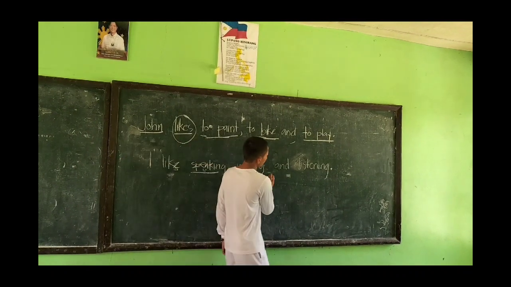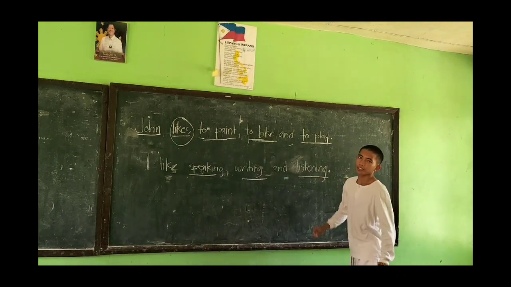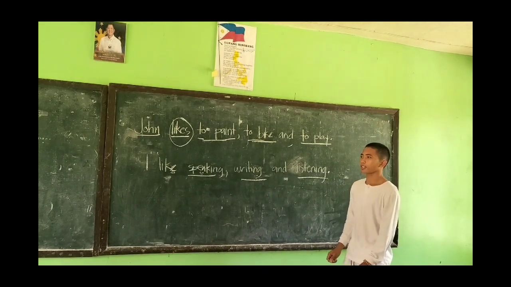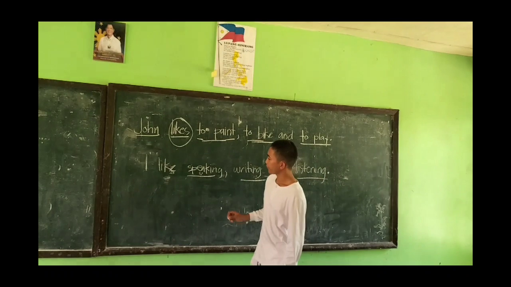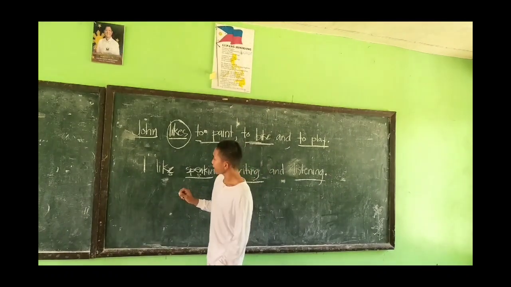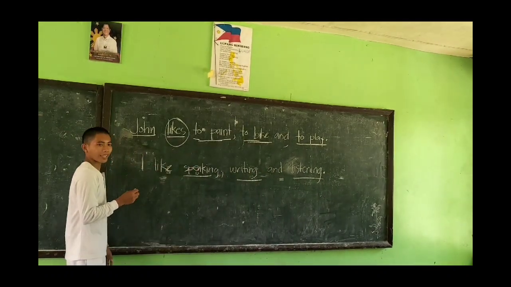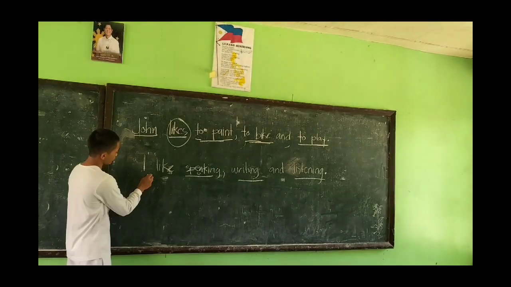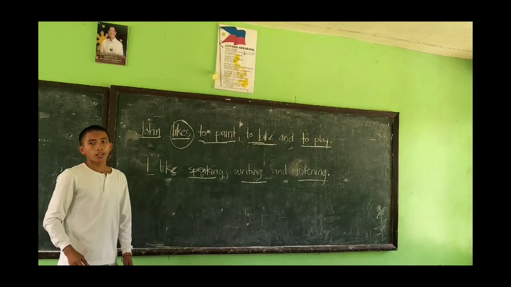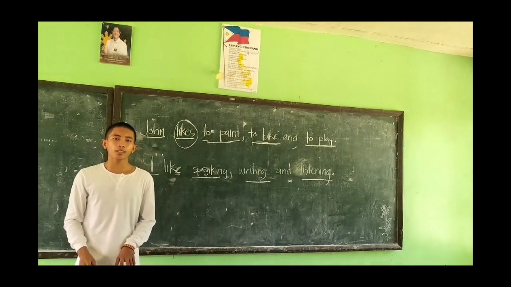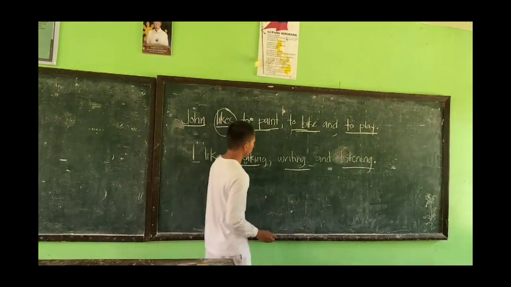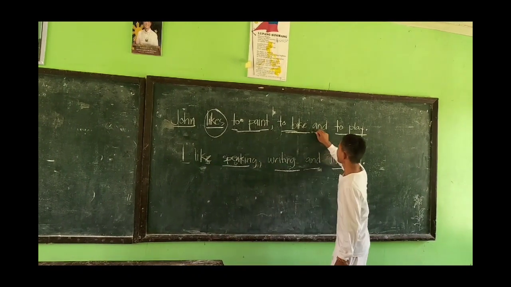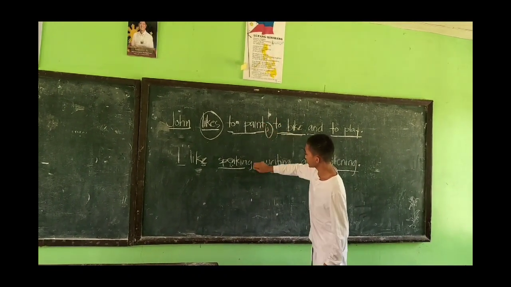Speaking, writing, and listening show similarities of what the subject likes. The usual way to join with parallelism is the use of coordinating conjunctions and commas.